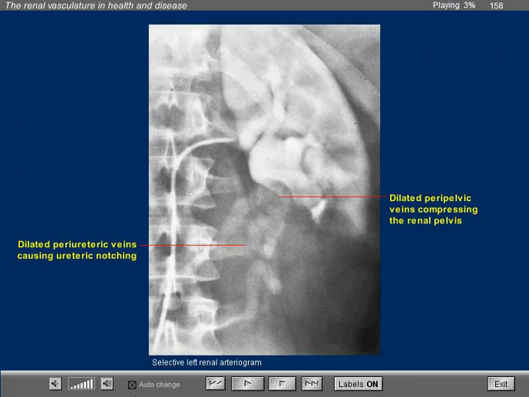This is a close-up of the left renal sinus in this patient with silent left renal vein thrombosis. Note the dilated peripelvic and periureteric veins, which explains the extrinsic pressure on the lower aspect of the left renal pelvis. Silent renal vein thrombosis may reveal nothing in the urinalysis, or hematuria or proteinuria.